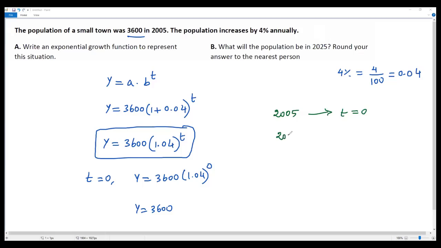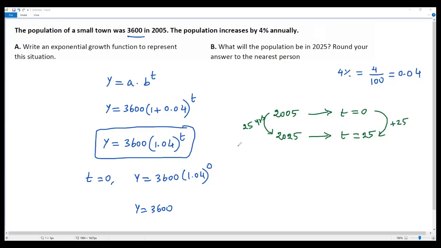So for 2025, what is the corresponding value of t? From 2005 to 2025, how many years are there? We have 25 years. So we have to add 25 to the value of t. 0 plus 25 will be 25. So the value of t corresponding to 2025 is t equals 25.